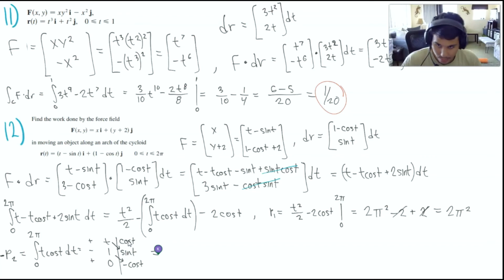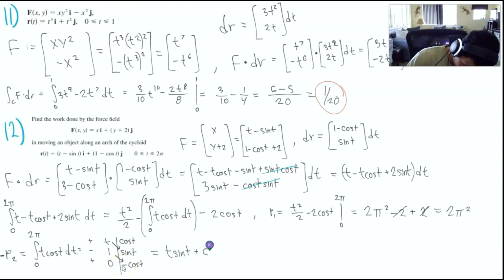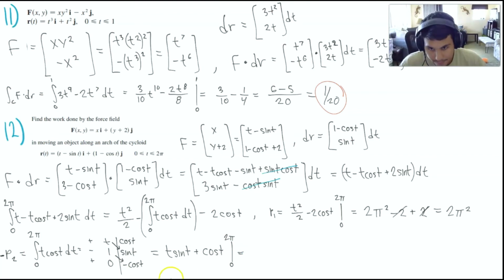This all is equal to t sine t plus, there's a negative here and there's a negative here, from 2 pi to 0. If you put in 2 pi here, for the first one, sine of 2 pi is 0.